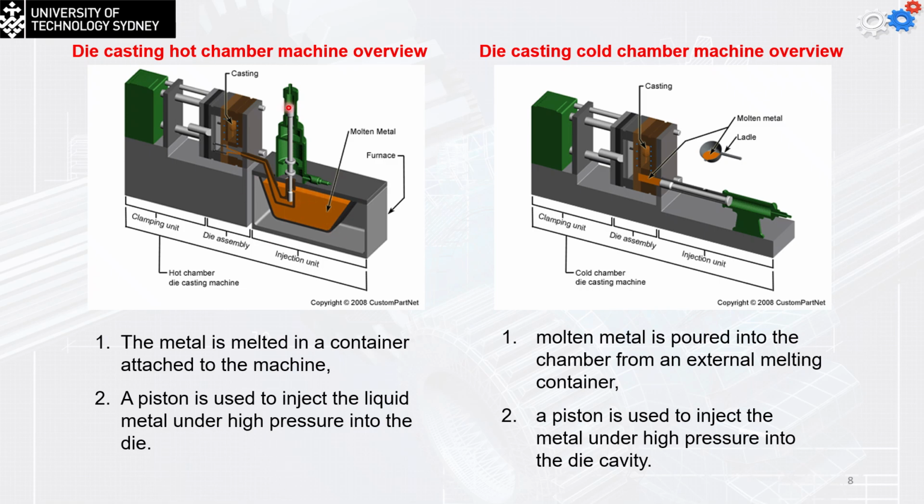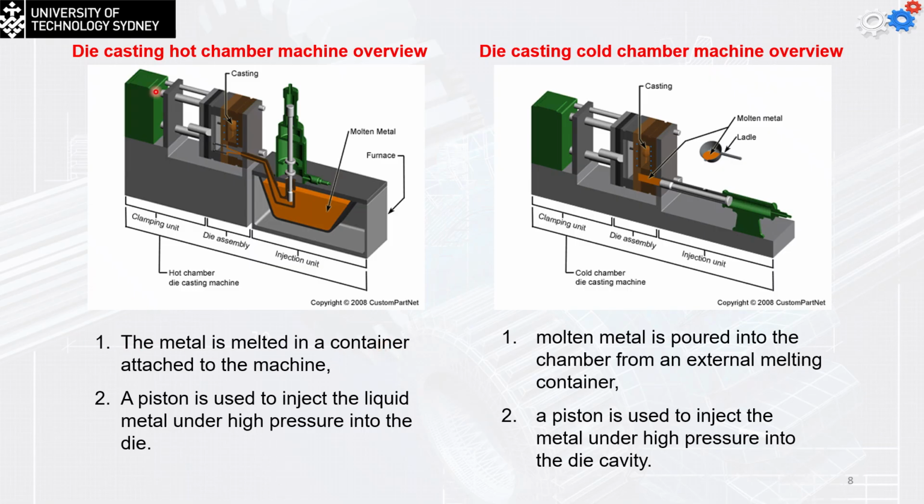So we inject directly, with direct contact between them, and the chamber is hot. In the case of the cold chamber, we do the melting in a different place and only inject it by using the injection unit, so we don't have direct contact with the hot part or the furnace.